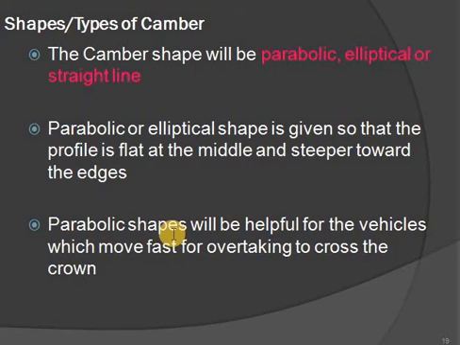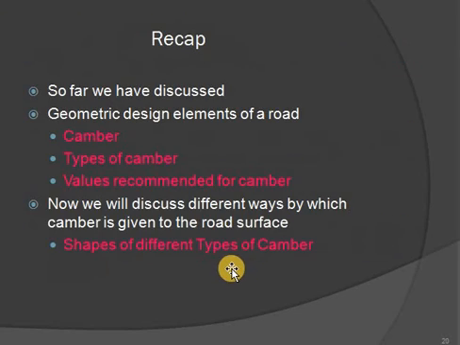So this is the main thing. Parabolic shapes will be helpful for vehicles which move fast, overtaking to cross the crown. So parabolic provides one of the advantages for the vehicles.